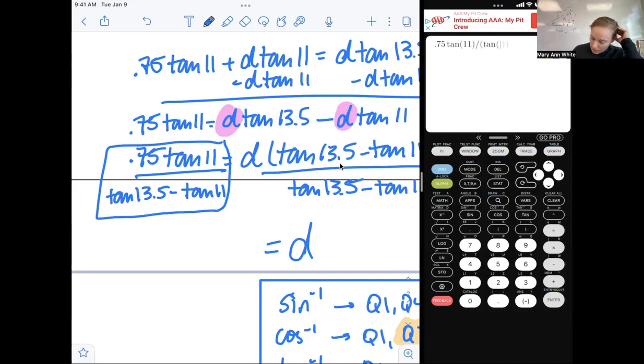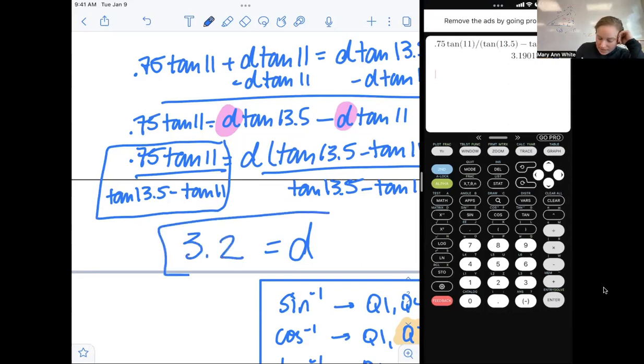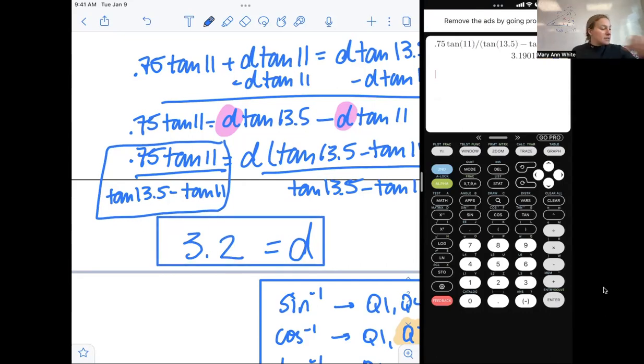So tan 13.5 in one set of parentheses, minus tan 11. Make sure your entry looks like mine and you get the same answer as me before you move on. It also makes sense that my distance here is 3.2, because again, I'm still in miles.